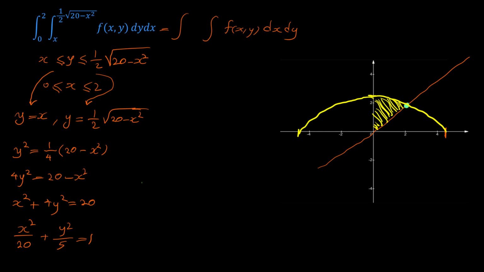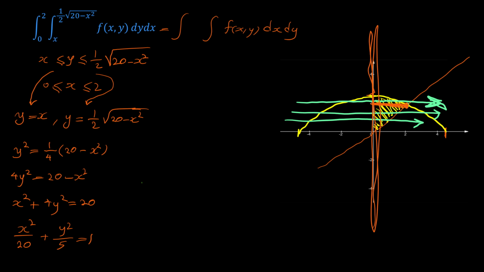Please pay attention, this is very important. The point where the ellipse and the line intersect is (2, 2). If I draw this segment of line here, and now we draw arrows like this, when the arrow is above 2, it enters the region at 0 and leaves the region at the ellipse.